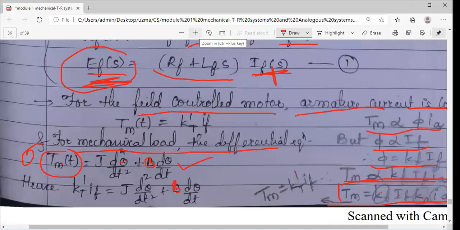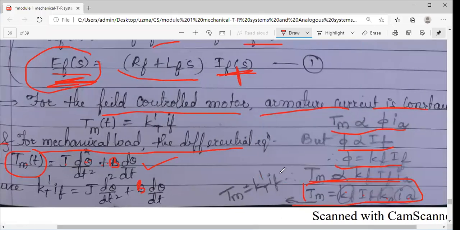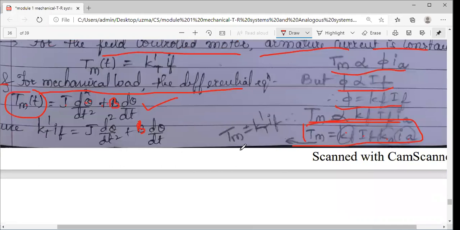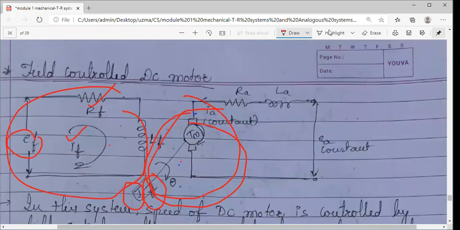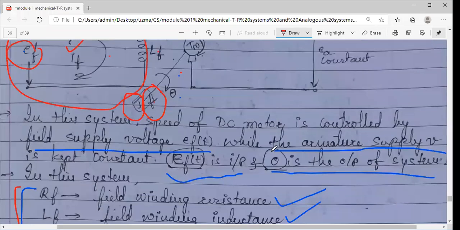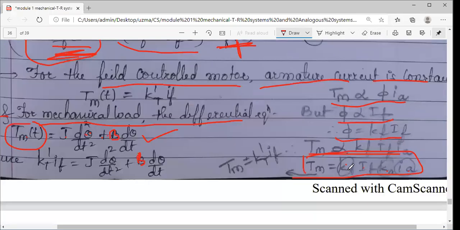So I will get 4 terms: KF, IF, KA, IA. Let me zoom in a little so that it is clear to you. In these 4 terms, for field control, what is constant? You can check in the circuit. This time IA is constant, but earlier IF was constant, right? So what changes do I have to make here?